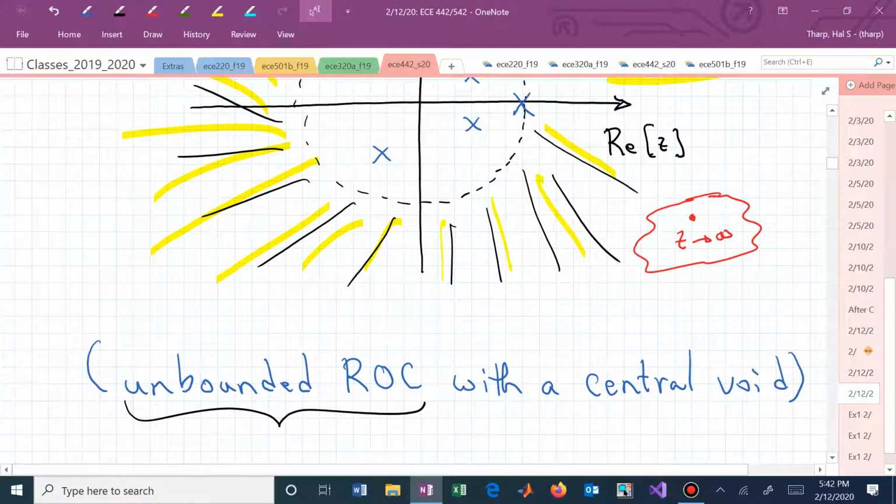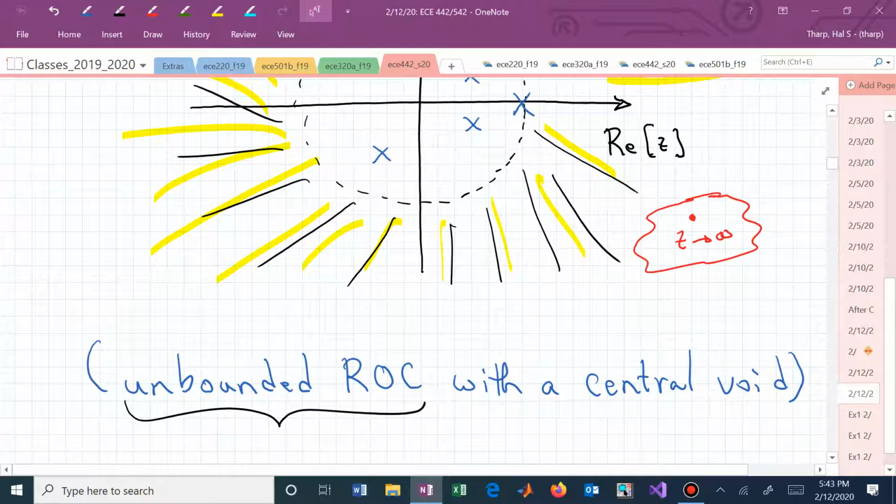It's unbounded. Yes? So a system can have an unbounded RC but be a bounded system? So the region of convergence can go unbounded, and we haven't said anything yet about where those poles are living. But the time sequence could be bounded, even though the region of convergence is going off to infinity.